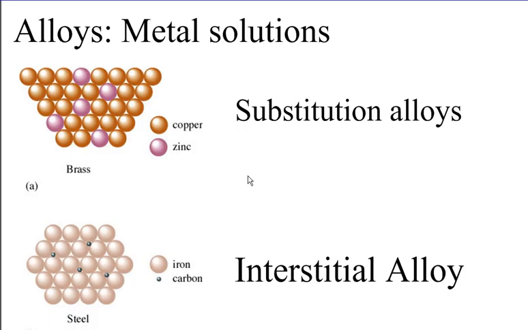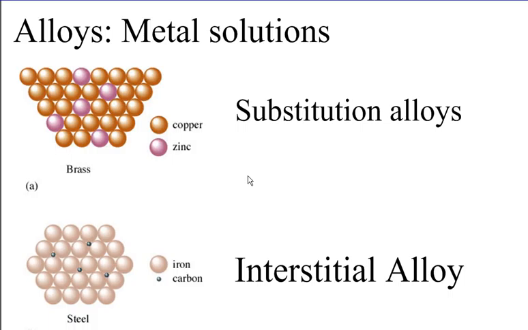An interstitial alloy is formed when one element goes into the spaces between the other element, between the host element. Just like interstitial in anatomy means the space between, like interstitial fluid is fluid found between two tissues. Interstitial alloys are atoms that go into the space between the atoms of that metal.